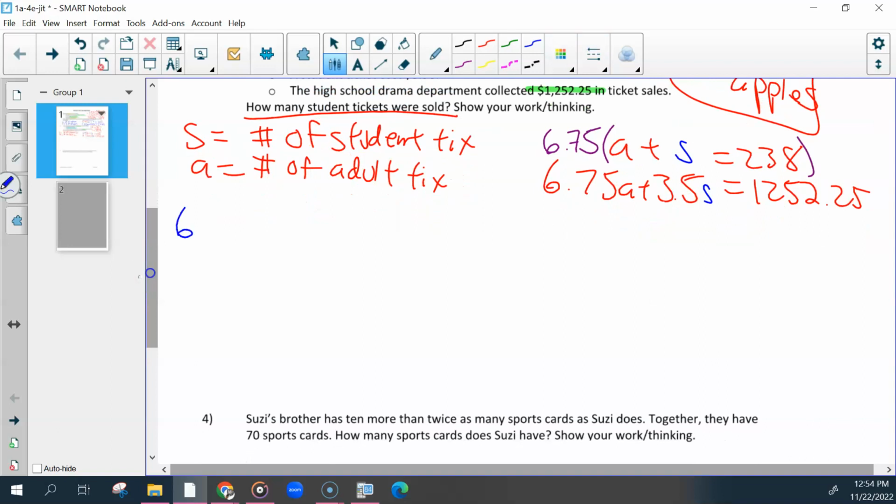So this would be 6.75A plus 6.75S equals, I don't remember this number, it's like 1606.5. And then the other one.